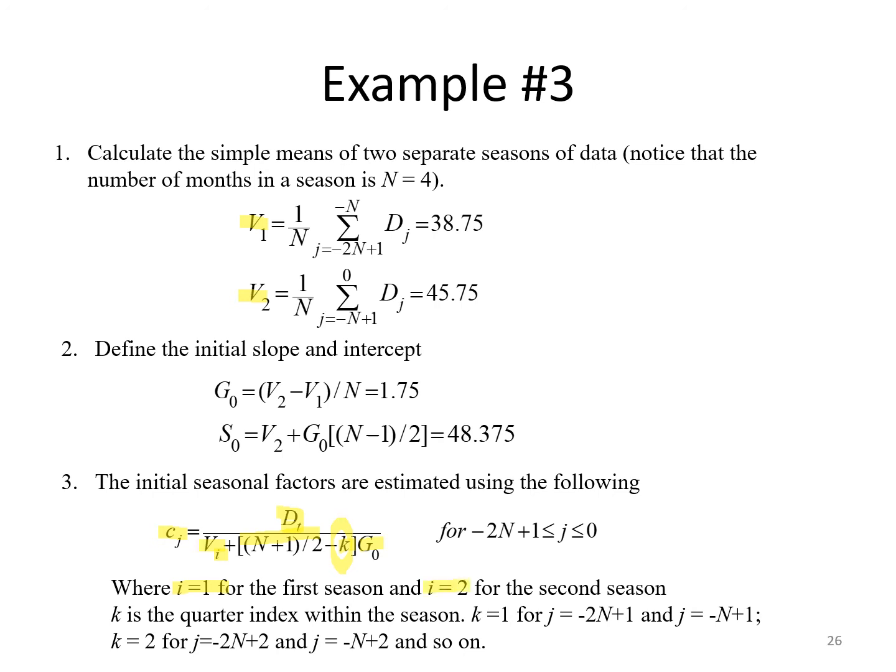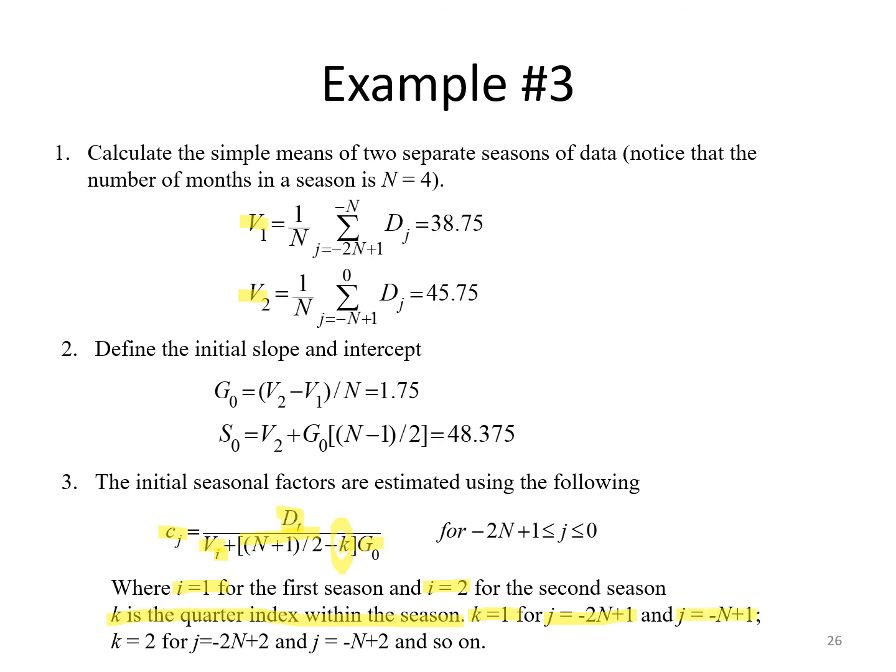Now, what about index K? Index K is the quarter index within a season. So, for instance, the first quarter will have K equals 1, and that is applicable to J equals negative 2N plus 1, and of course J equals negative N plus 1.